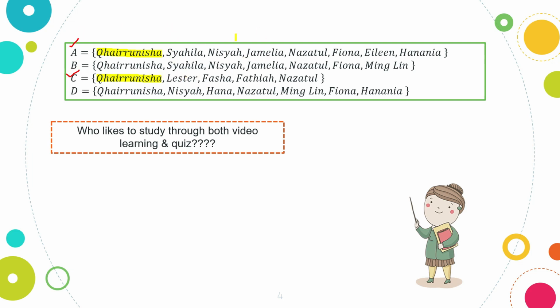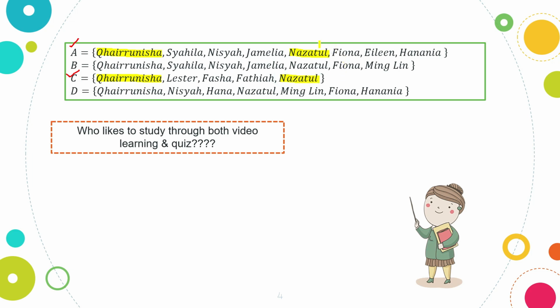Same goes for Nisha and Jamelia. These three don't have their names in set C, so we don't highlight them. Then Nazatul: set A has Nazatul and set C also has Nazatul, so we highlight this name, Nazatul.